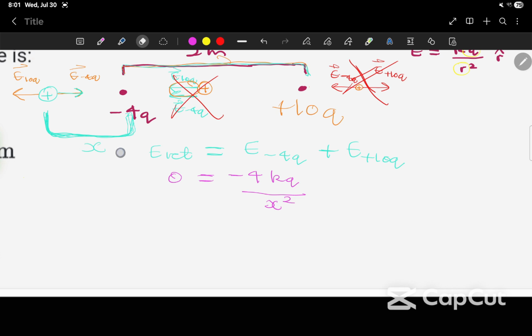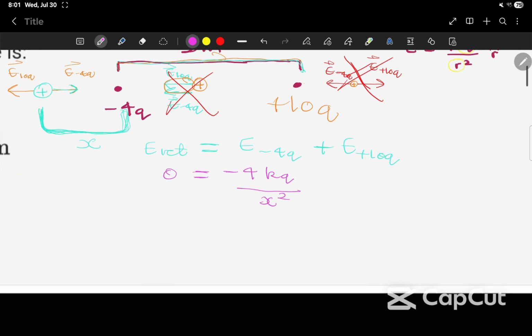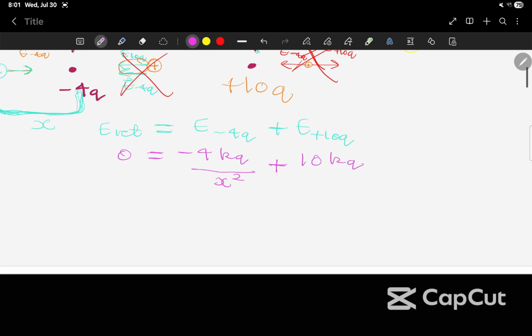It's just an unknown variable, and that's the x we have to find here. And then we have the positive 10kq charge. I would write it like this, basically, because it's easier to cancel things out after.